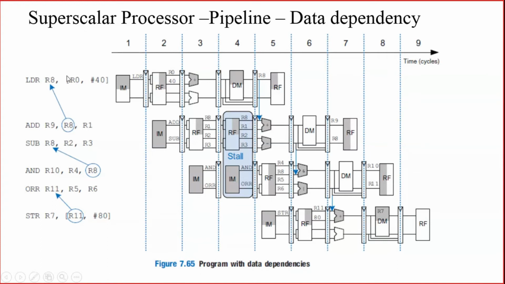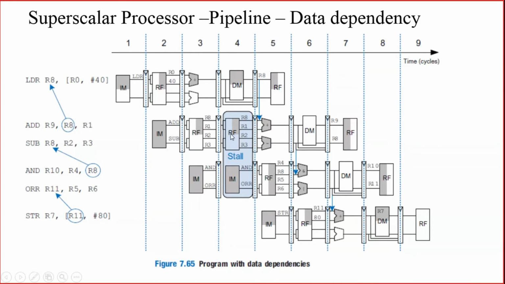Whatever data is present in this resultant address should be loaded from the memory location to R8. So the content of this memory location should be loaded from data memory to R8. So the data will be present in R8 only after the data memory access stage is over. Because since you are performing a load operation, the content of R8 will be proper only after the load operation or data memory access stage is over, right?